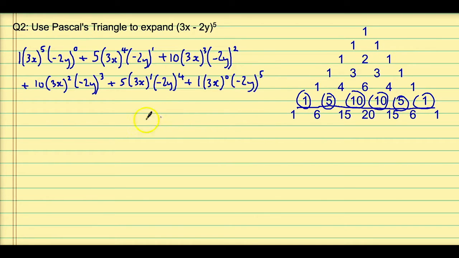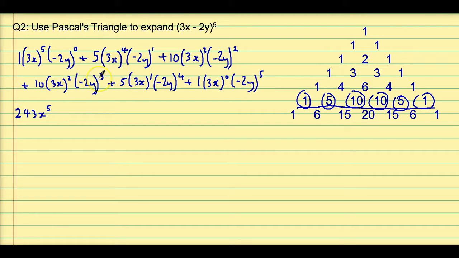So now if we're going to times these all together, simplify this a little bit, we've got, first of all, 3x to the 5 times 1 times the minus 2y to the 0, which is also 1. So this just gives us our first term of 243x to the power of 5.